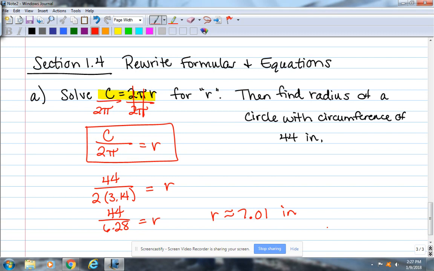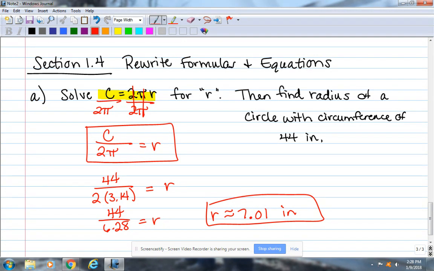Now, why did I say approximately? Because I rounded, right? What did I round? I rounded pi, right? Because pi doesn't equal 3.14. That's its approximation. So that's why I said it's approximately. And my calculator said 7.006. So that's why I rounded again when I wrote that.